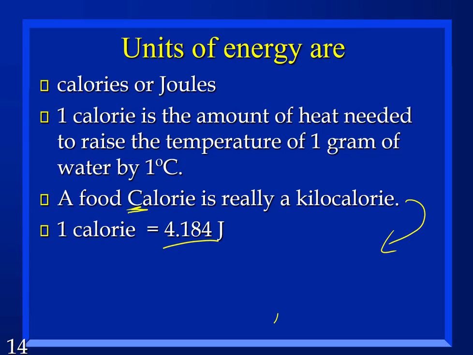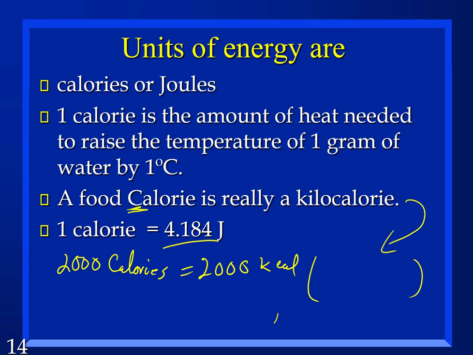So why do they make that distinction with the food calorie? Well, they always tell me you're supposed to get about 2,000 calories a day. But that's really 2,000 kilocalories. And remember, if I want to go from kilocalorie to calorie, 1 kilocalorie is 1,000 calories.